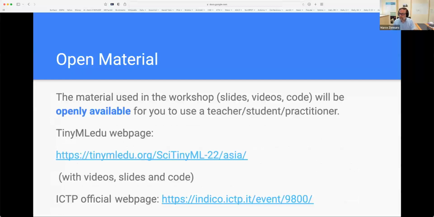So all the material that we use for the workshop will be openly available for you to use as a teacher, as a student, as a practitioner. So here you find the webpage. So it's tinymledu.org/scientifictinyml22/Asia. I will put that in the chat in a second. And again, the videos, the slides, and the code will be available.